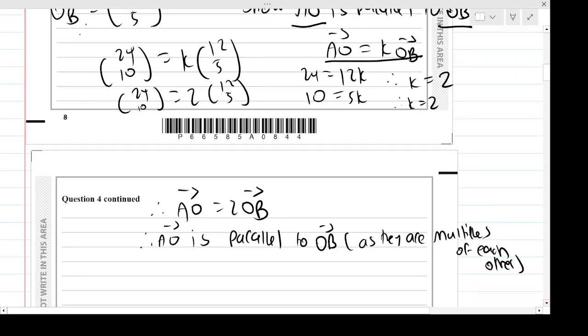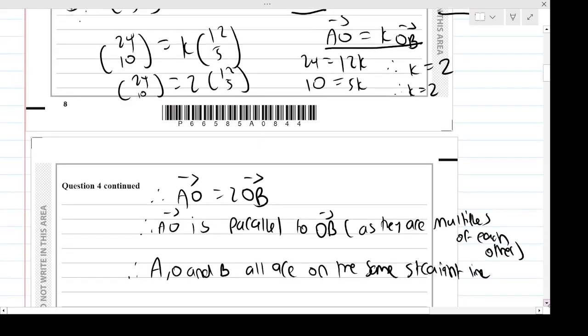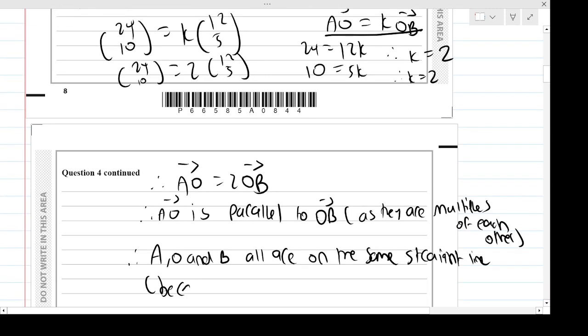Okay, and so what that means overall is that because we've shown that these two vectors on the line are parallel, the points A, O, B all are on the same straight line. And another thing you need to add is that the other part that makes it work is not only that the two vectors are parallel, but also the two vectors have to share a common point.